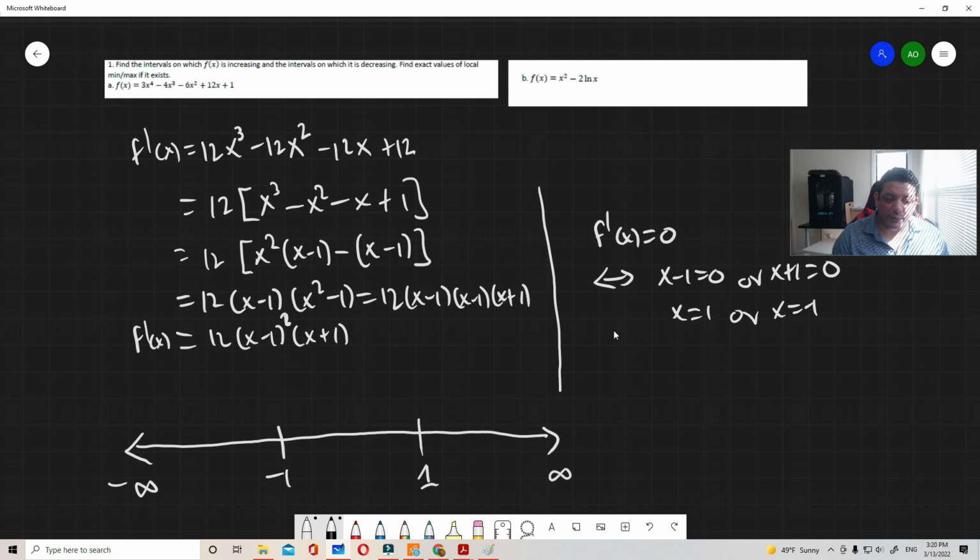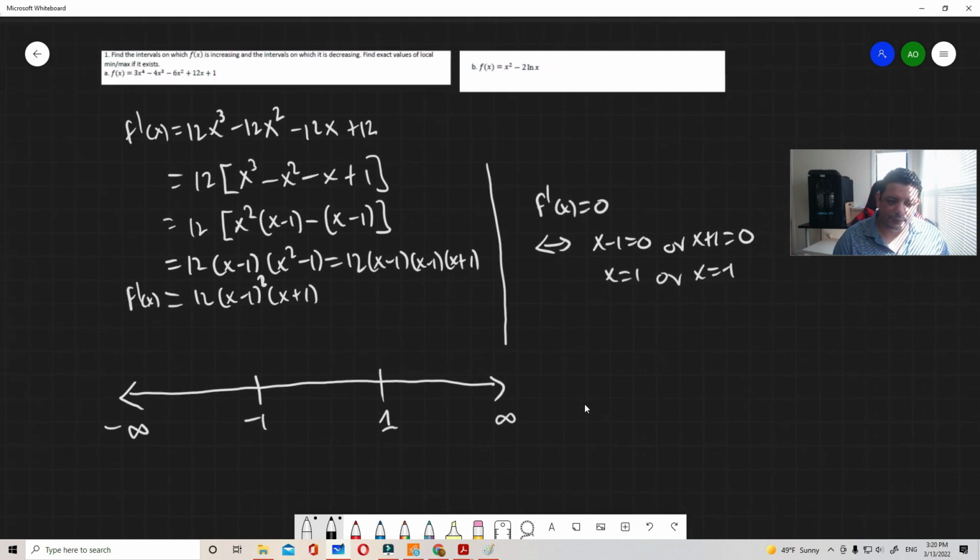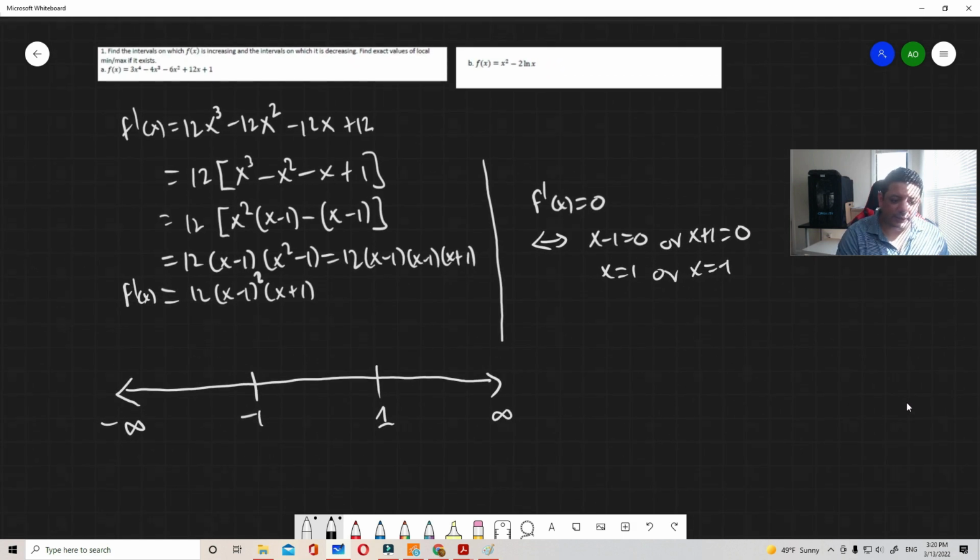And now what I want to check is what is the sign of the derivative in those intervals. For that, I'm going to take a number. Let's say over here I can take x equals minus 2. Over here I can take x equals 0, and over here I can take x equals 2.